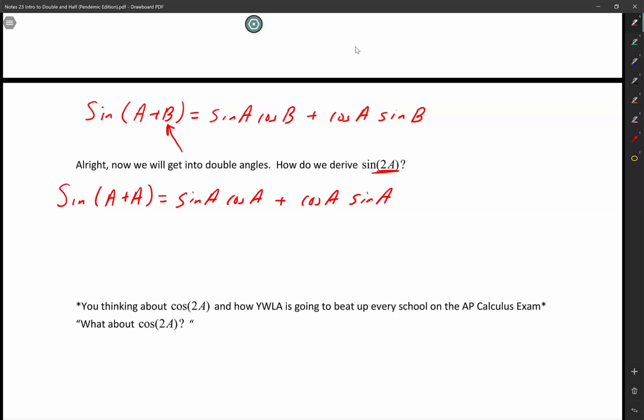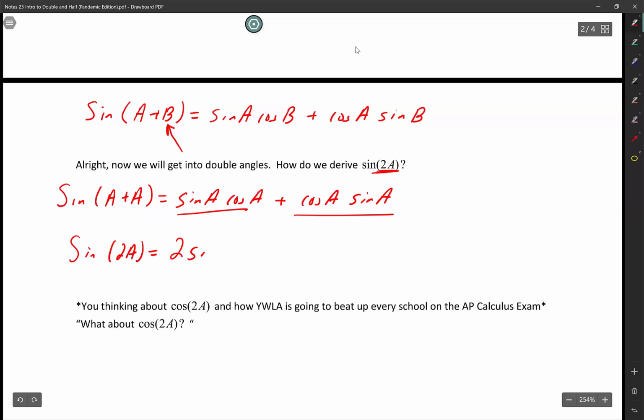Now that I have them together, guys, sine a times cosine a is the same thing as cosine a times sine a. How many of them do you count? There's two of them. That's it. That's the formula. So here it is, your first double angle formula. Voila.